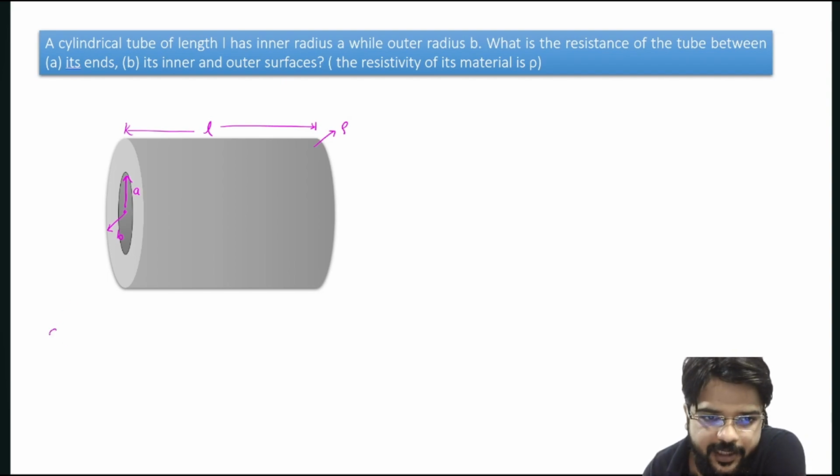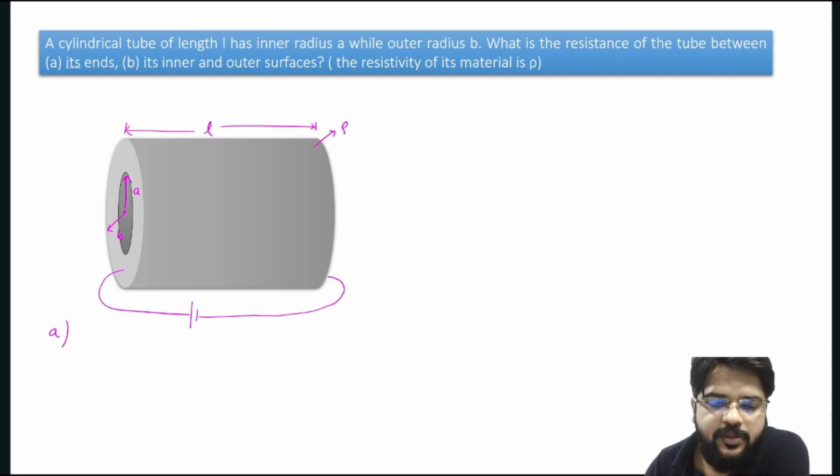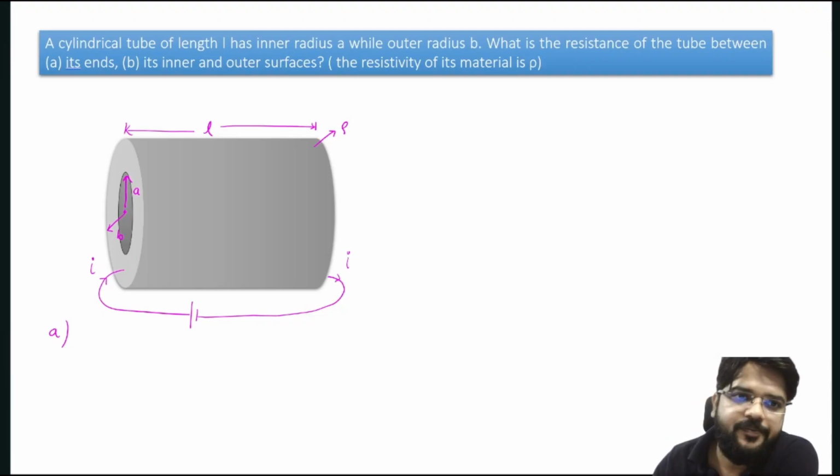See the first part, everyone. Across the ends we want, which means we are connecting the battery here to here. So in the first part, we are connecting the battery like this. Current is entering from here and exiting from this side.